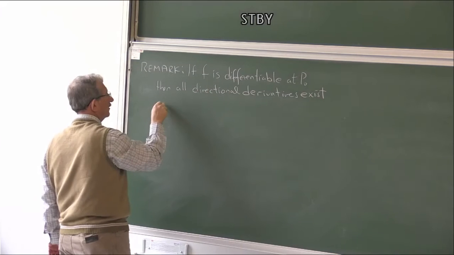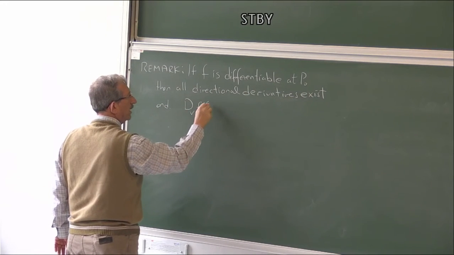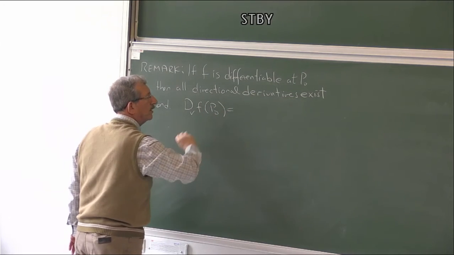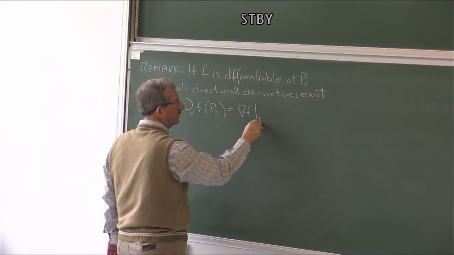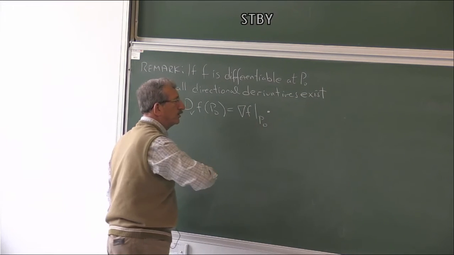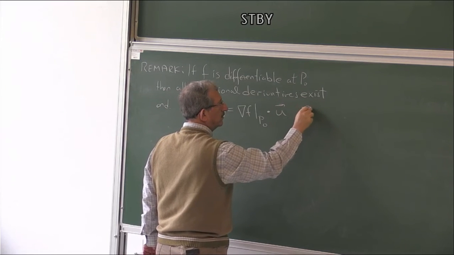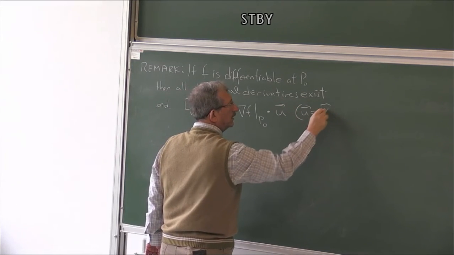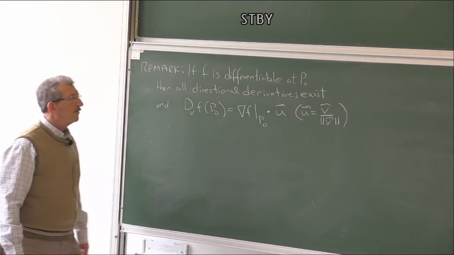And dvf at p0 is nothing but the gradient of f at p0 dot the unit vector in the v direction. Okay.